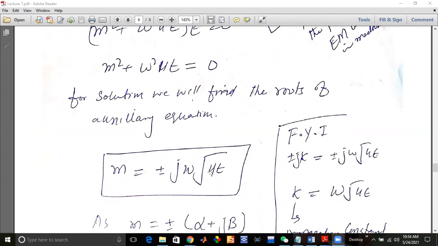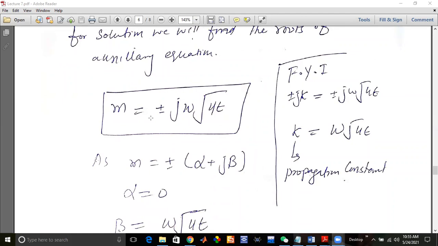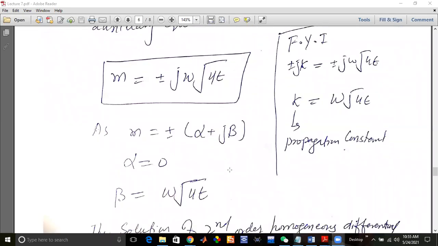If you want to study this in wireless communication, the wireless communication book considers this beta. And if you want to study this in an optical fiber communication system, we follow the fiber optics communication book, where it is denoted by k. But let's see here, this is a complex value, so there is a real portion and an imaginary portion. So m is equal to plus minus alpha plus j beta.